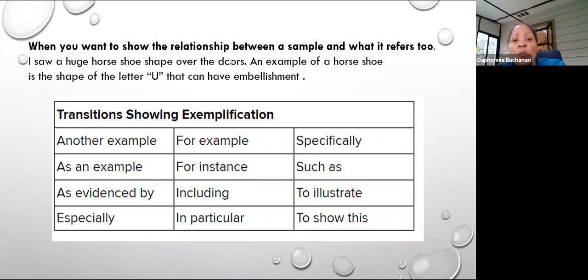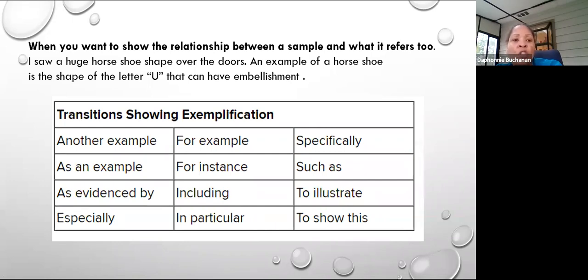When you want to show the relationship between a sample and what it refers to, I saw a huge horseshoe shape over the door. So the example of a horseshoe is the shape of the letter U. So that can have an embellishment. So I saw a huge horseshoe shape over the door.